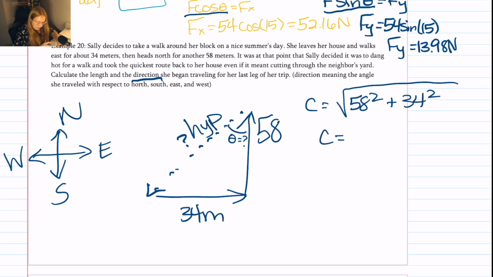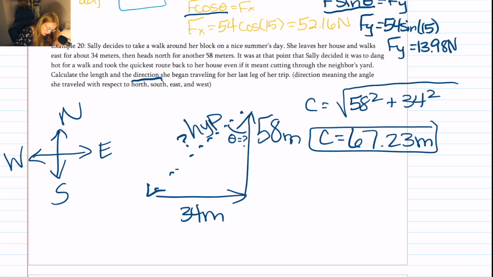Let's see what that length is. Square root of 58 squared plus 34 squared. And it's 67.23, and it should be in meters because the other values were given in meters.